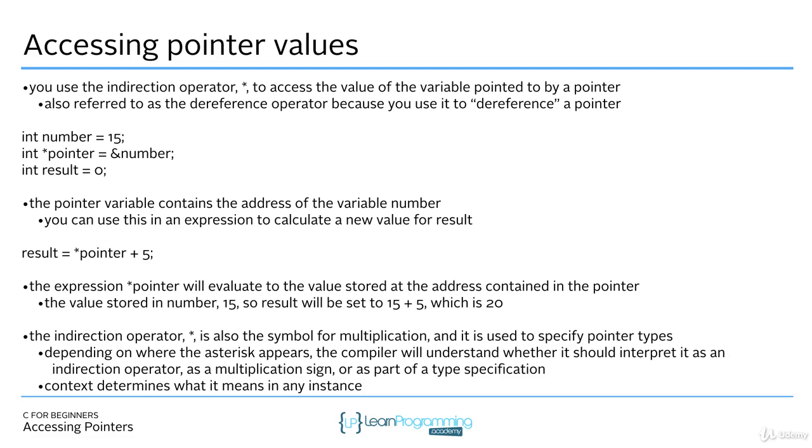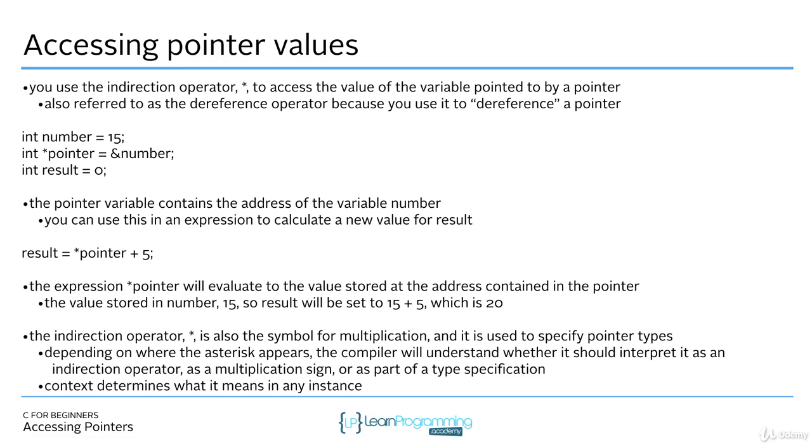If you use the asterisk when you declare a pointer, right after the type of the pointer, then it's obviously a declaration. If you use the asterisk in between two numbers, then it's being used for multiplication. And if it's used right before the pointer name, on the right hand side for example, or the left hand side, it's going to be assigning a value or accessing a value.